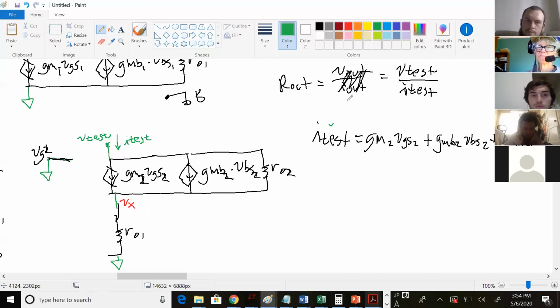I test is good. But VGS we have to get rid of, VBS we have to get rid of. There's V test, that's in the R out equation, so we get to keep that. And then Vx we have to get rid of.